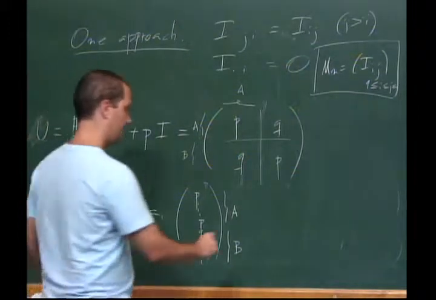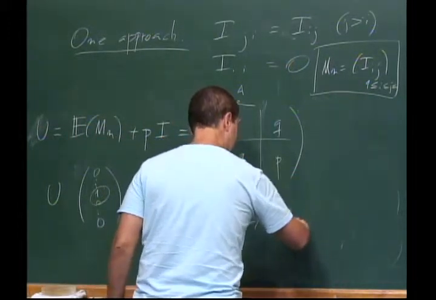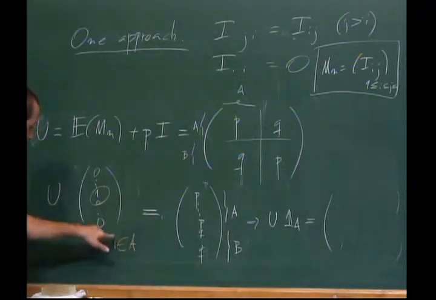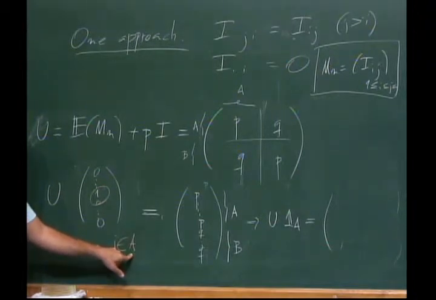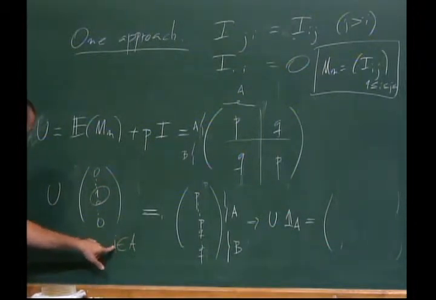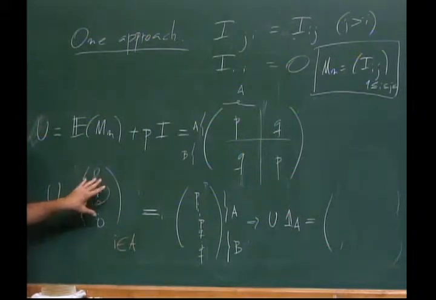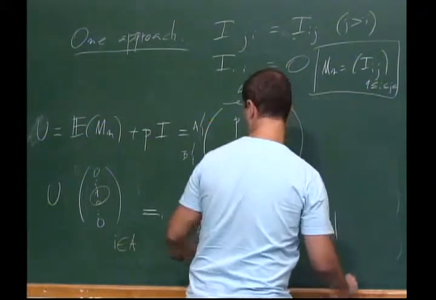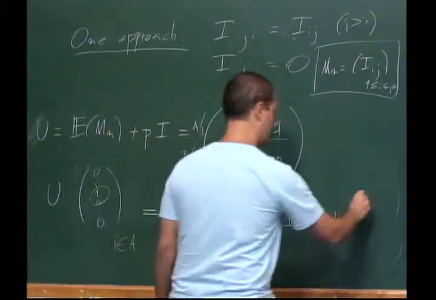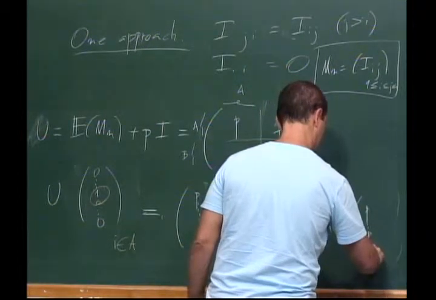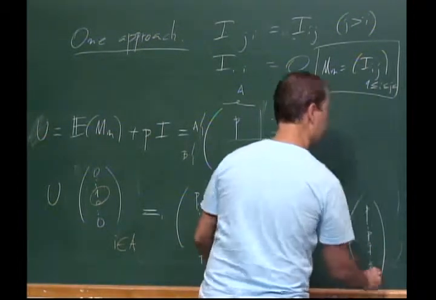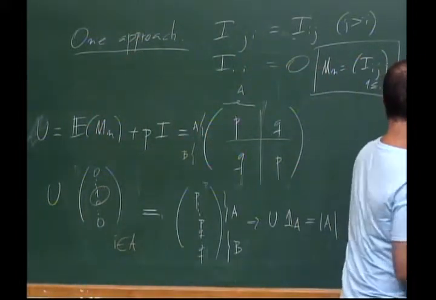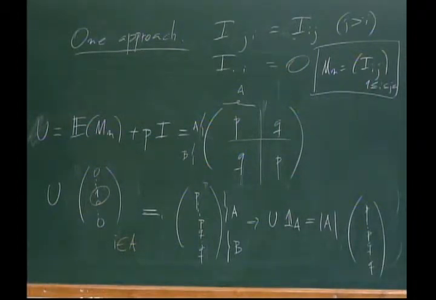So this means that when I take U and multiply it by the indicator of A, well, the indicator of A is a sum of vectors of this form, right? So the sum over all i belonging to A of a vector of this form. So I'm going to get the size of A times the result I got for each vector, which is this P, P, P, P, Q, Q, Q, Q. And let me write this down in a more organized way.